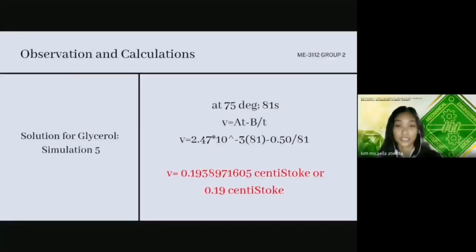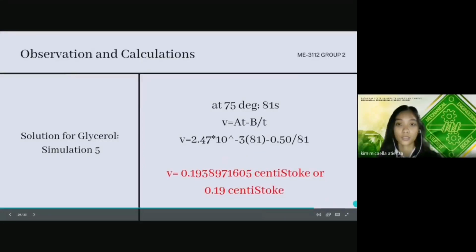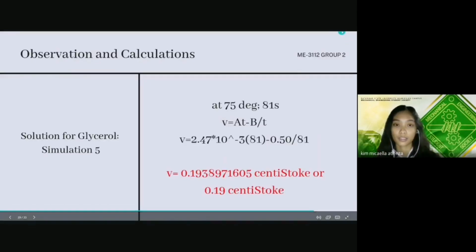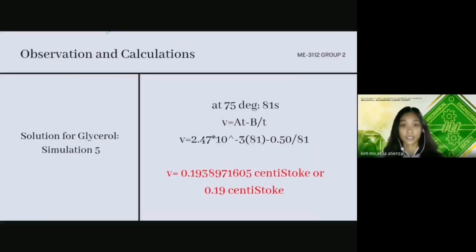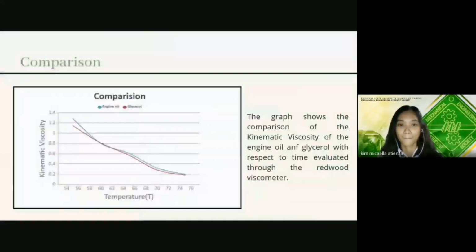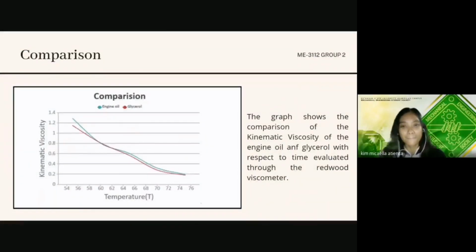And for the fifth simulation, at 75 degrees and 81 seconds as time of flow, the resulting kinematic viscosity is equal to 0.1938971605 centistokes, or approximately 0.19 centistokes.